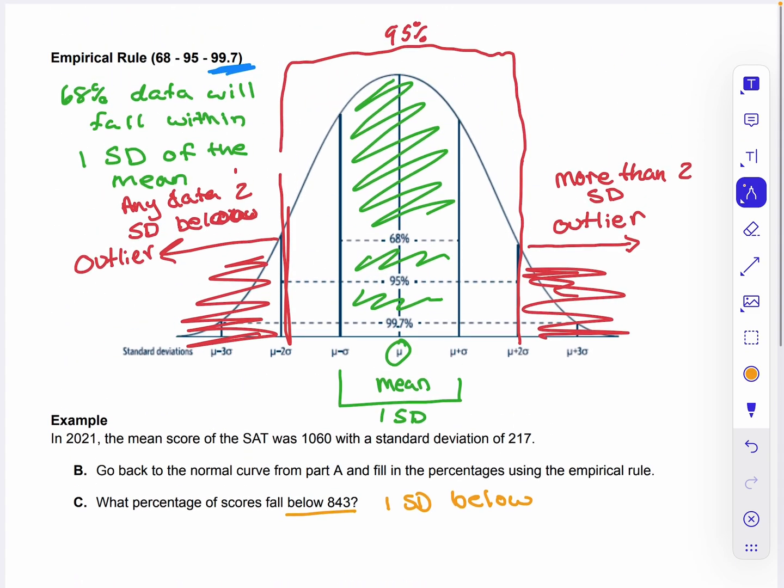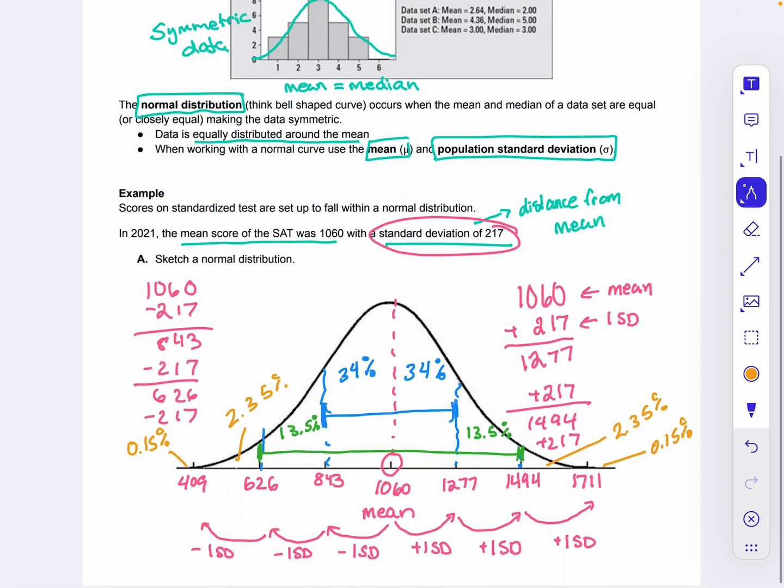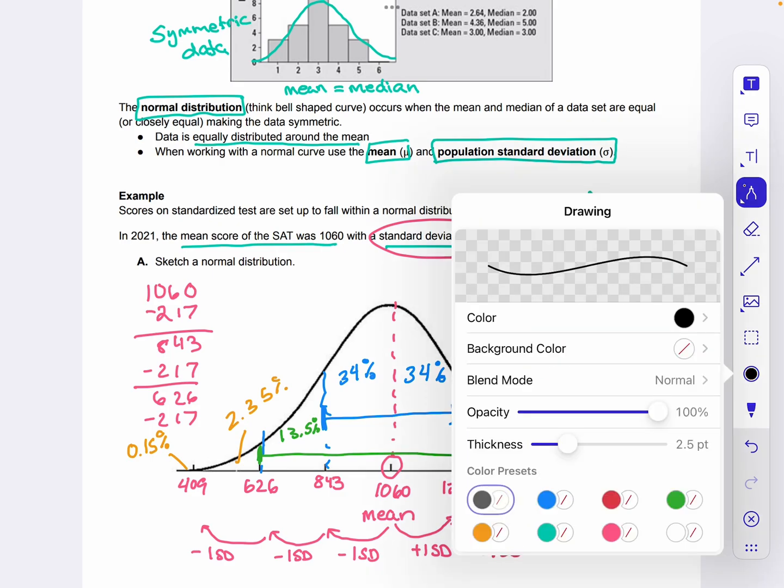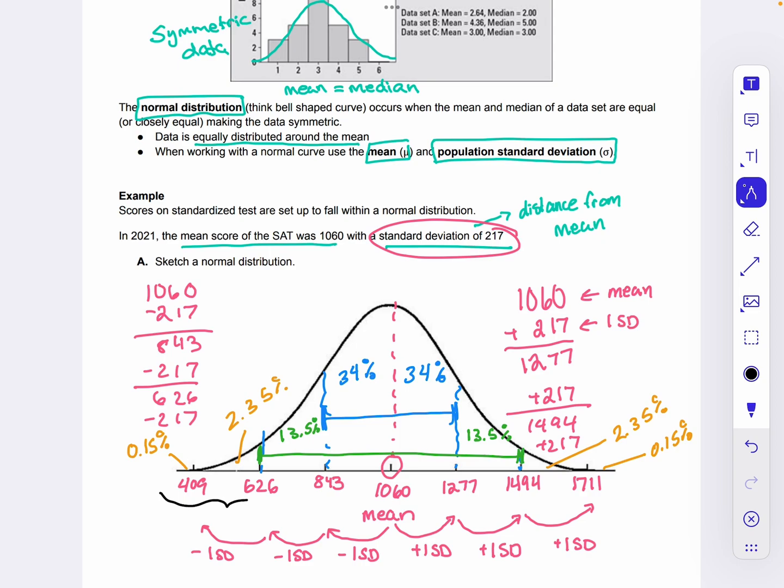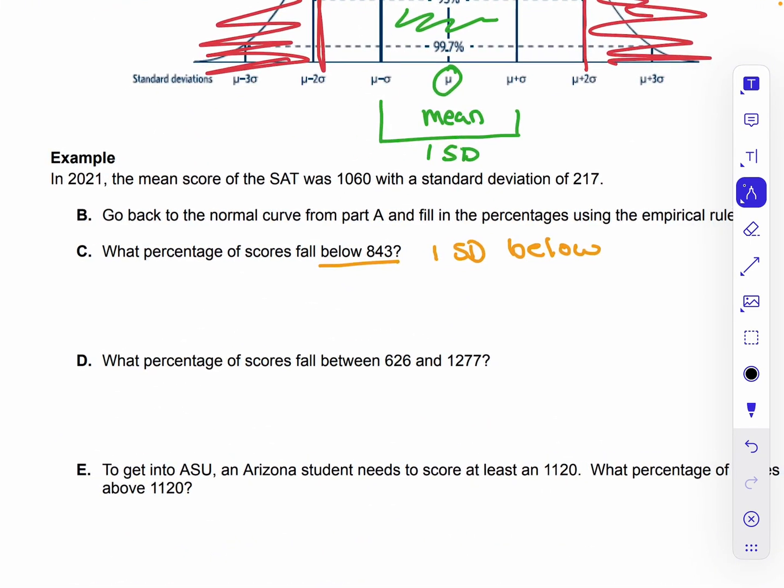So if we go back up to our curve here, we're looking at the 3 sections here: the 13.5%, the 2.35%, and the 0.15%. So if I want to know the percentage of scores that fell below, I could simply add up those 3, and I would find that 16% of the data fell below that value. And that's one strategy for dealing with this. So if I know that empirical rule breakdown, I can add my pieces together.